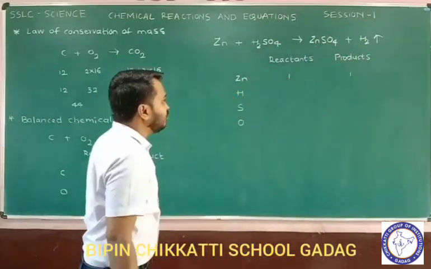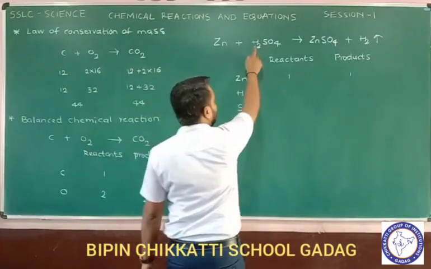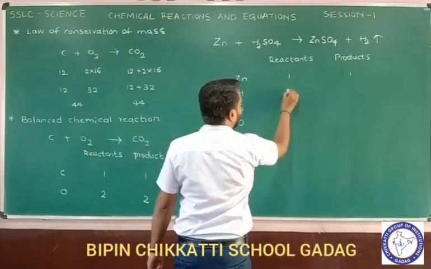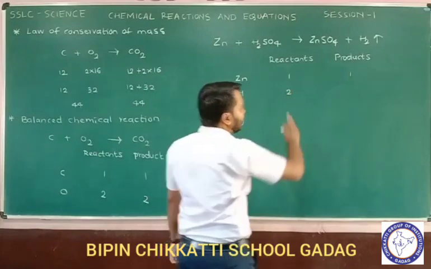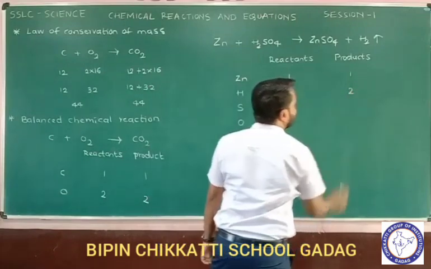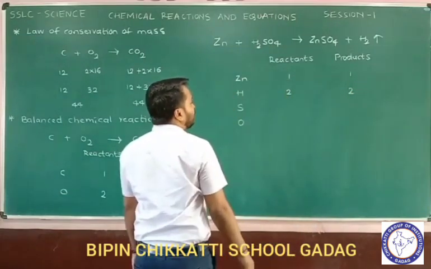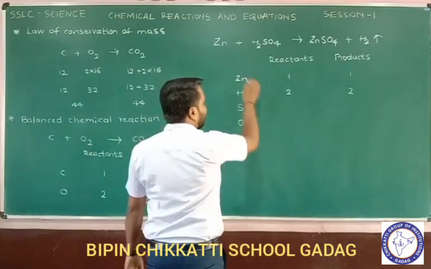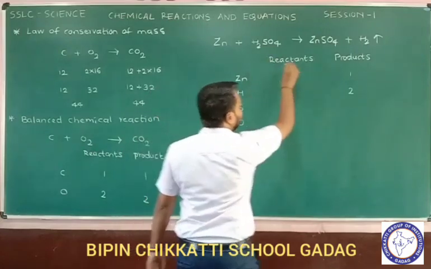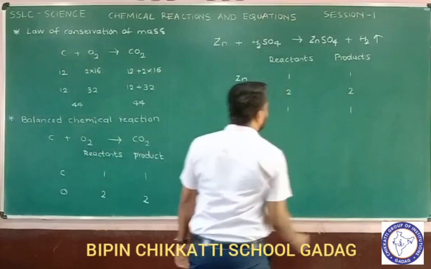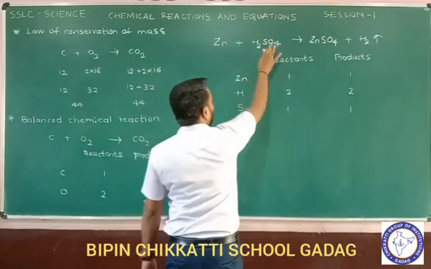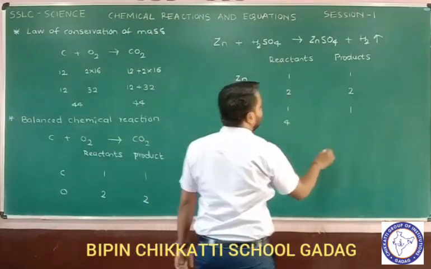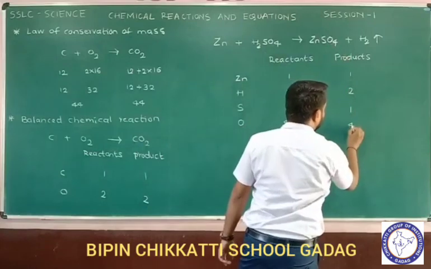Zinc is balanced. Next, hydrogen: we have 2 hydrogens, and in the product also 2 hydrogens. Sulfur: 1 on the left and 1 on the right. Similarly, 4 oxygens on the left and 4 oxygens on the right.